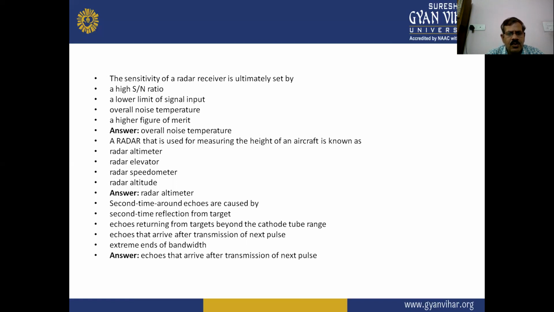C, echo that arrives after transmission of the next pulse. D, extreme end of bandwidth. So the correct answer is echo that arrives after transmission of the next pulse. So answer C is correct for this question.